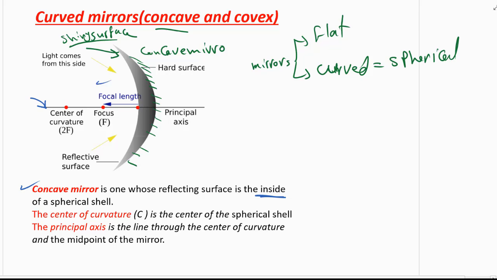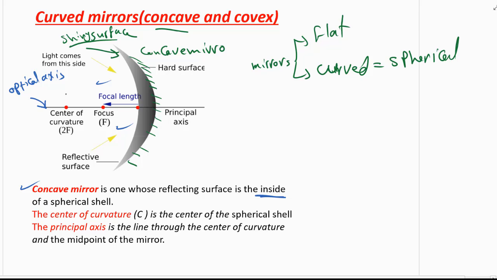This one is called the optical axis. So the optical axis is the axis which divides the mirror into two equal parts.